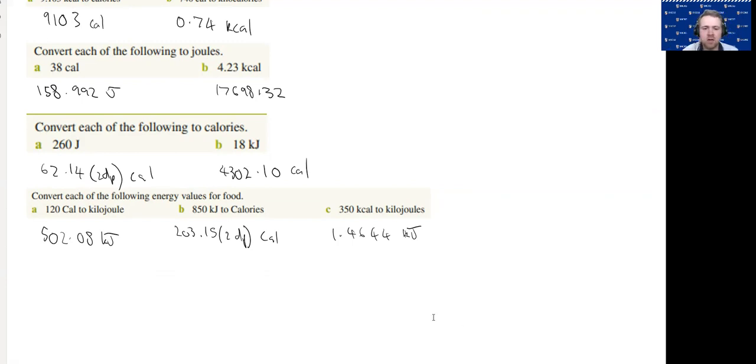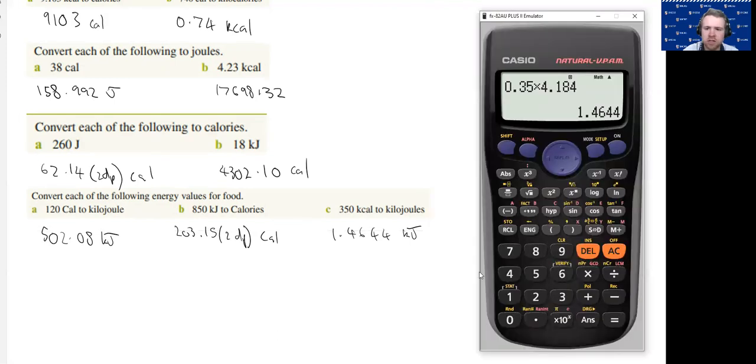Okay, so what you've got to be doing is convert to the one that's easier. So if you're in kilocalories, you can just convert that. Oh, hang on. I think I made a mistake on this one. Let's just think about this again. A kilocal is the same as uppercase cal. So I've actually made a mistake. We don't need to divide by 1,000 first.